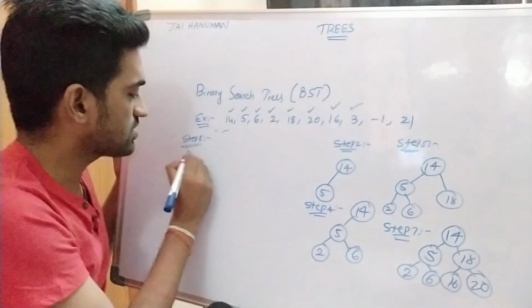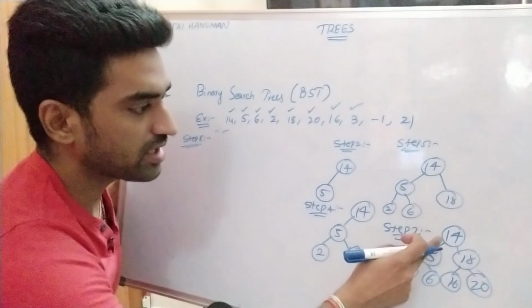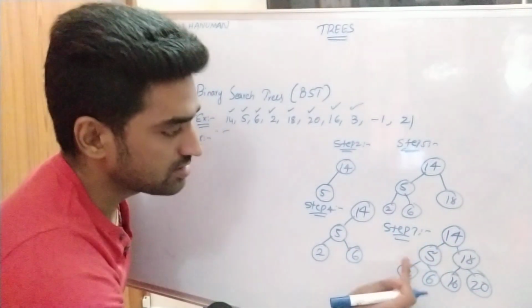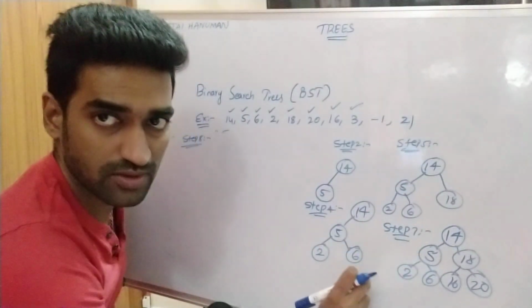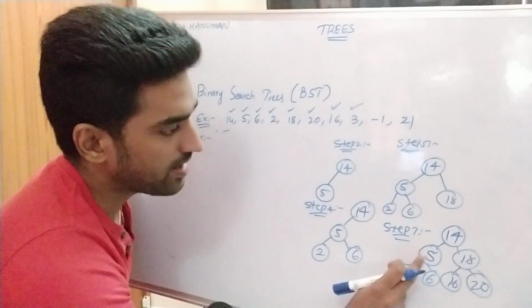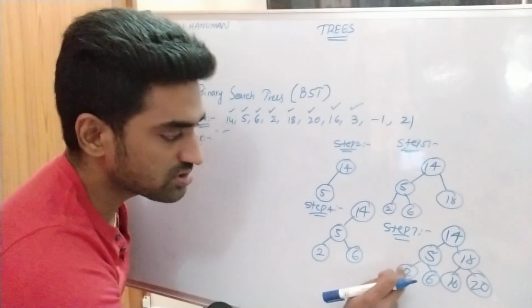3. First of all we are comparing the root node to the inserted node. When compared to the root node, this is less, so obviously we can insert at the left subtree. In the left subtree, what is the root? 5. When compared to 5, this is less, so we insert at the leftmost position.